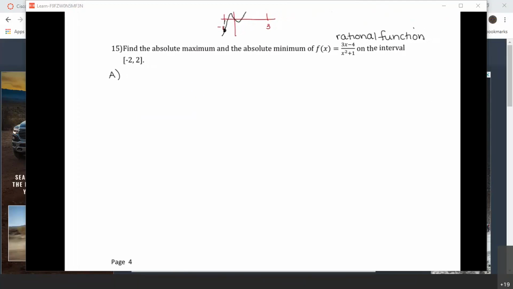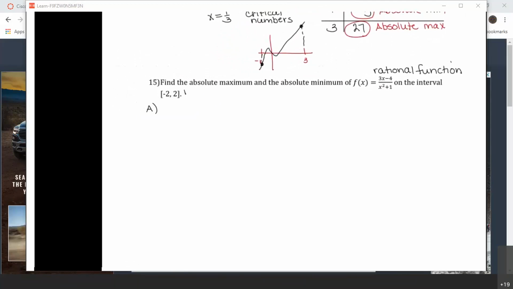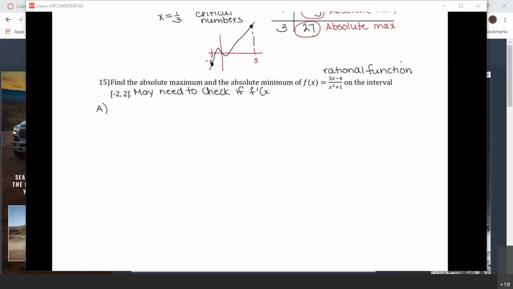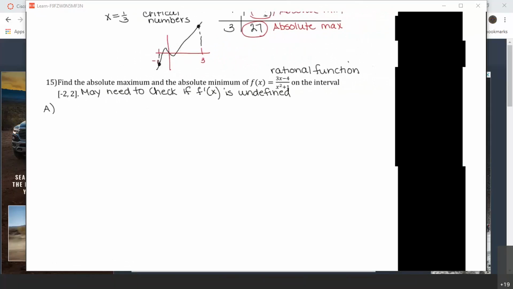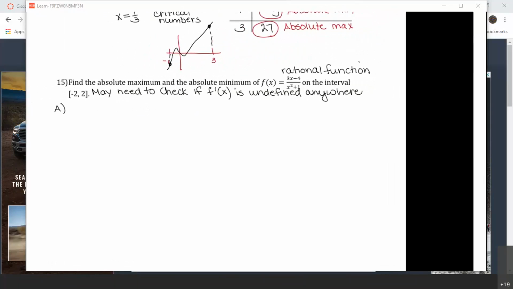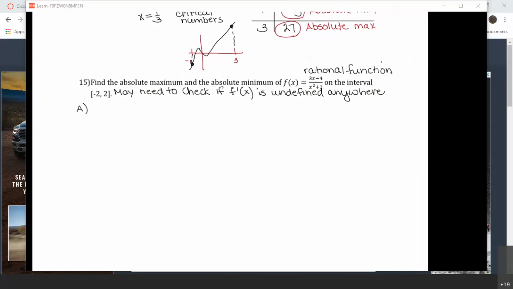Okay, and the critical numbers we may have to check if f prime of x is undefined anywhere. And again, I'm saying that only because I'm starting out with a quotient. Okay, I may need to check. It's not a polynomial. It's not well behaved like a polynomial.